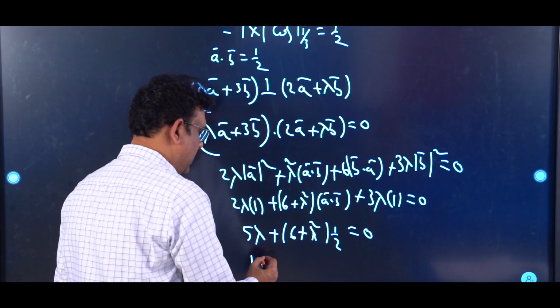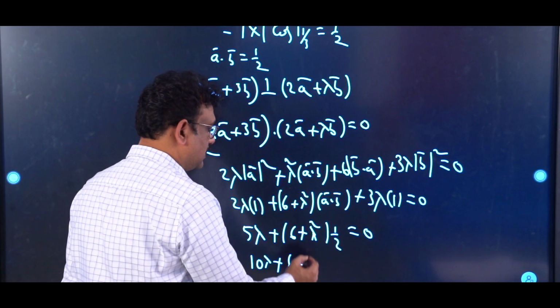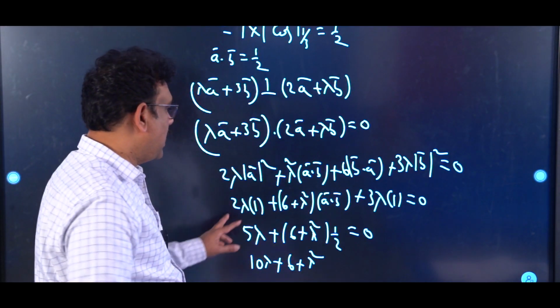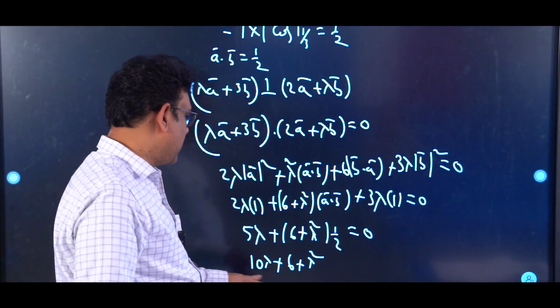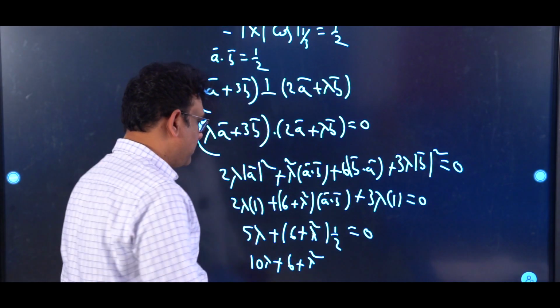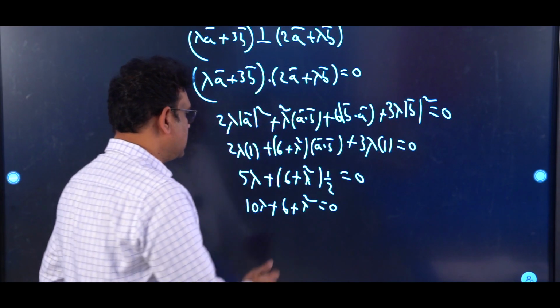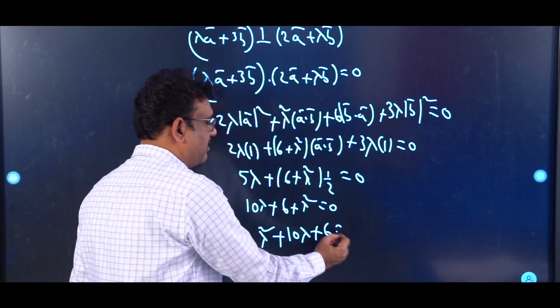That is 10 lambda plus 6 plus lambda square, since 2 lambda plus 3 lambda is 5 lambda, which doubled is 10 lambda. So 6 plus lambda square equal to 0. Now you can write this as lambda square plus 10 lambda plus 6 equal to 0.